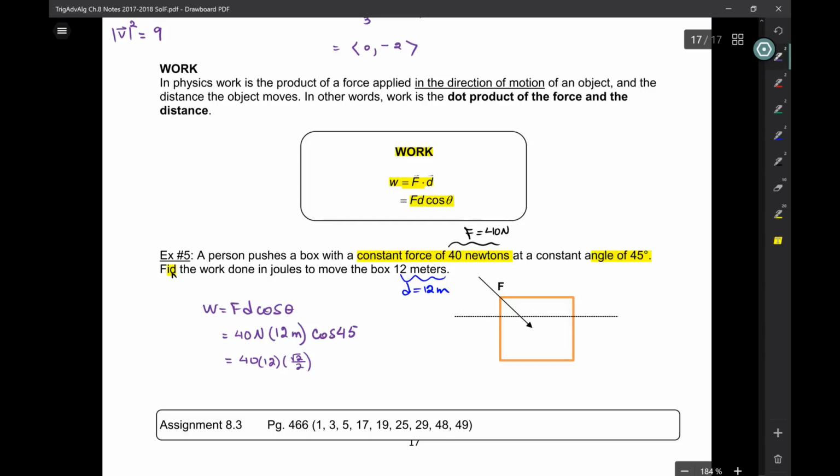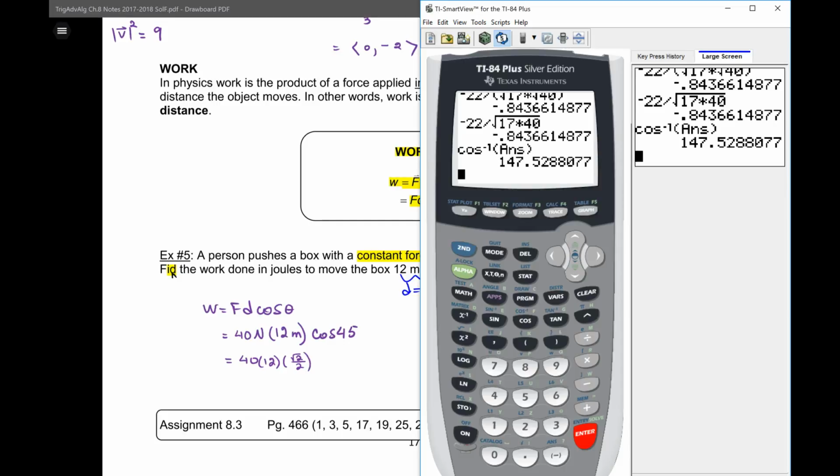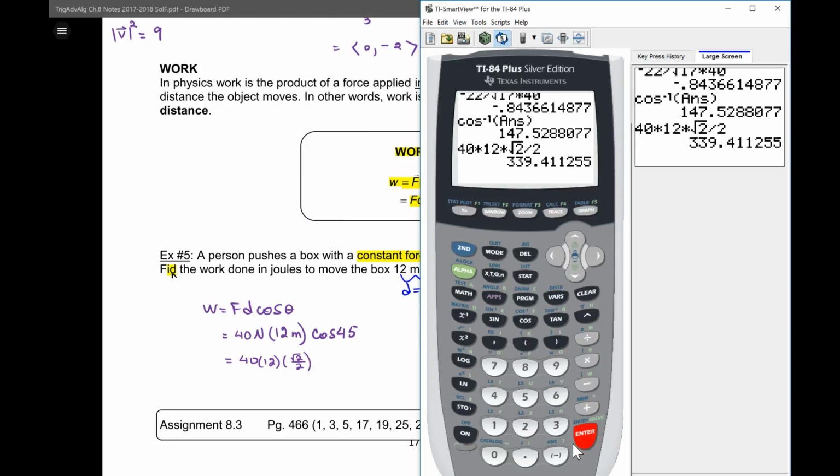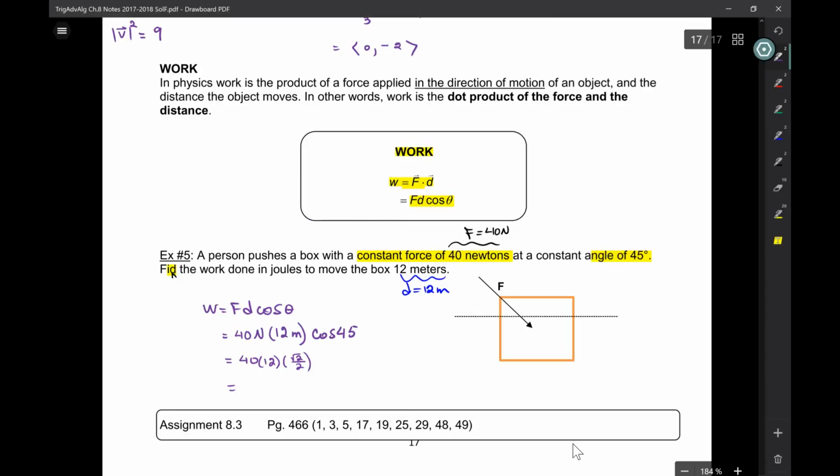I mean, we're going to put it in the calculator anyway. That will be 40 times 12 times root 2 over 2. Of course, you could have simplified some things and done 40 times 6 times root 2, but let's just do it that way. We're going to get 339.